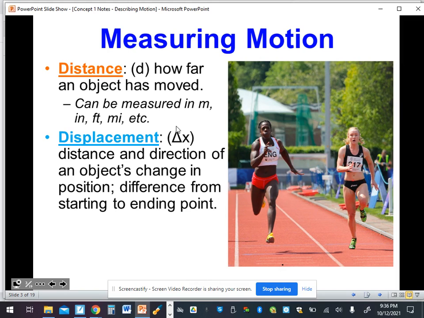The abbreviation or variable that I use for displacement is a little different. It actually includes two things. It has this triangle here. That's a little triangle. I'll talk about that here in a second. And then a lowercase x. So make sure you write this down after so you get used to seeing this and using it.